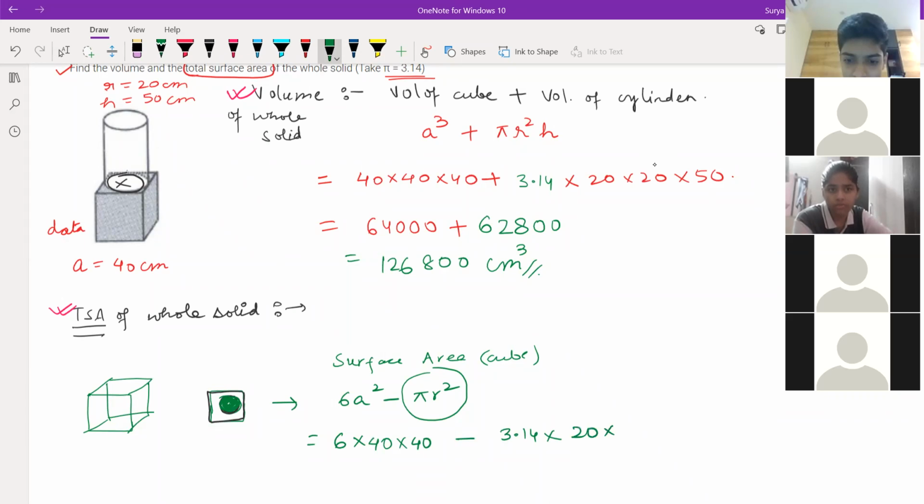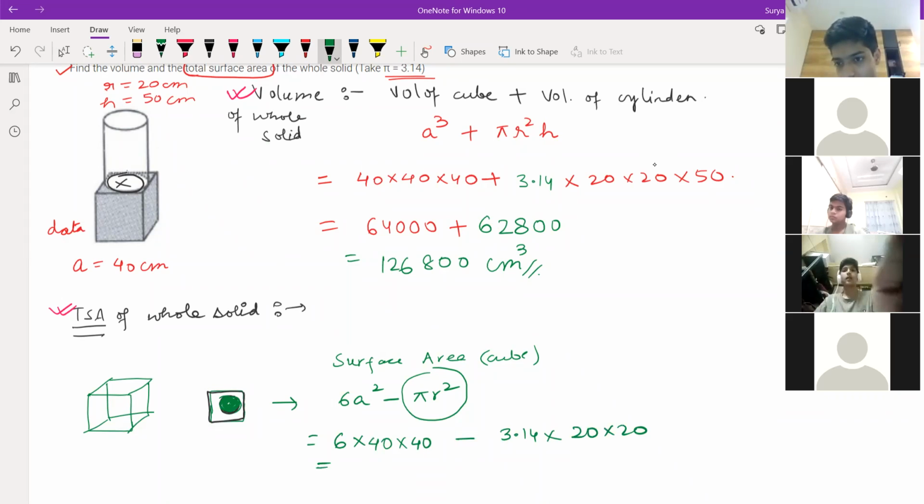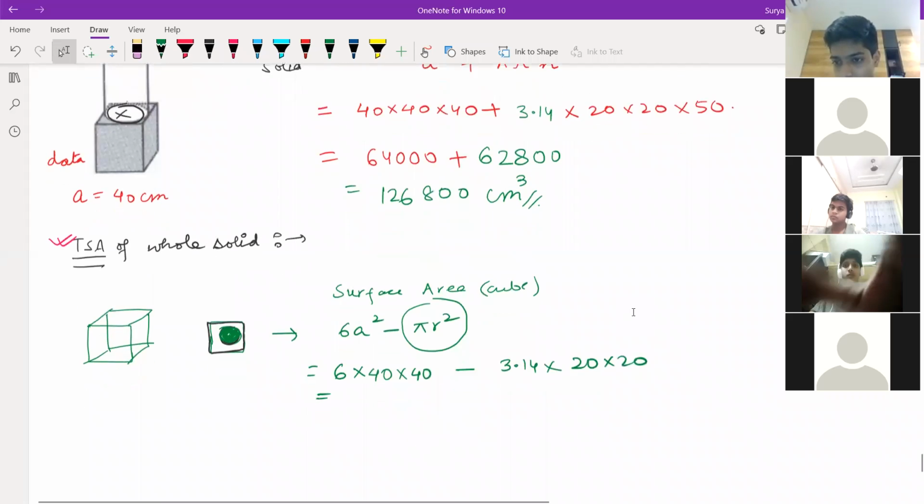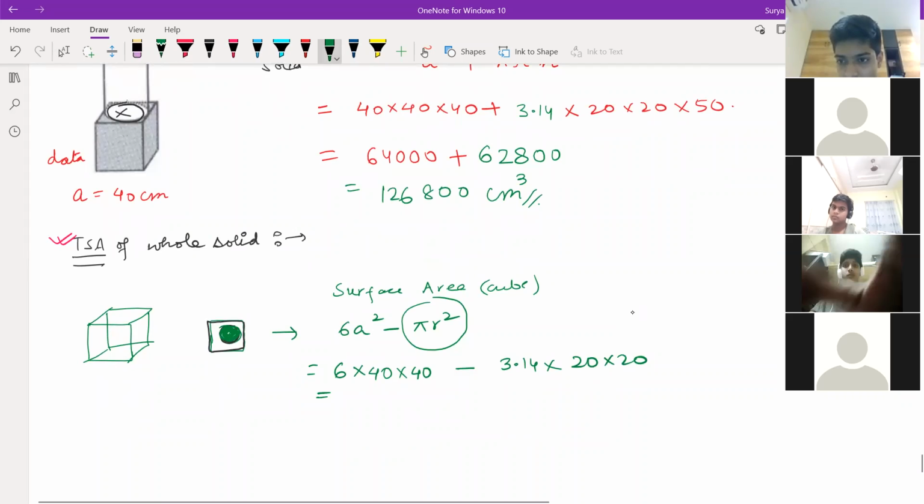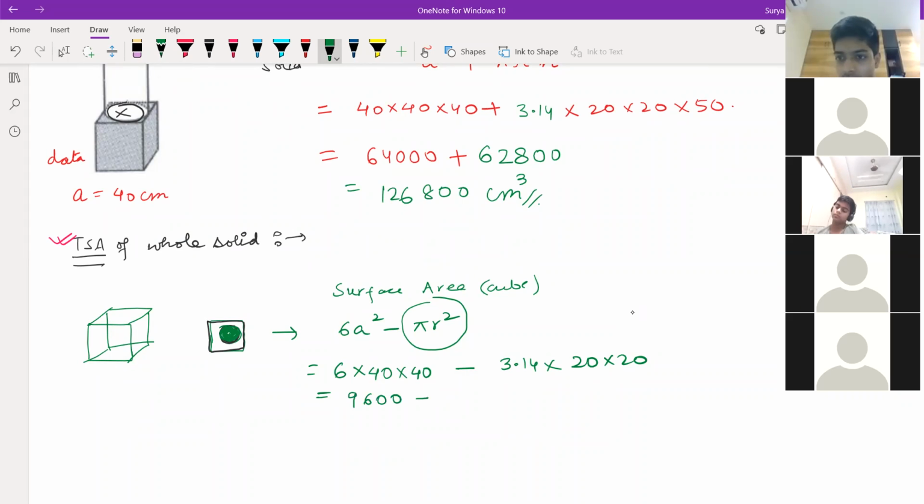So 20 into 20. So you'll get only the surface area of the cube part, understand from here. 6 4s are 24, 24 4s are 96, minus 2 2s are 4, 3.14 into 400, and you get 1256.